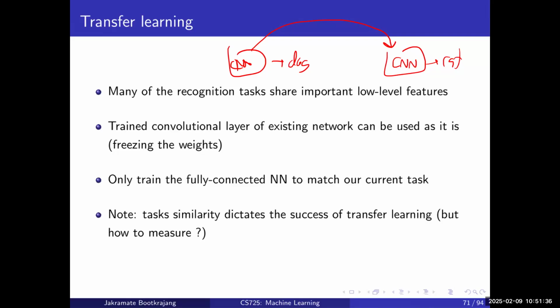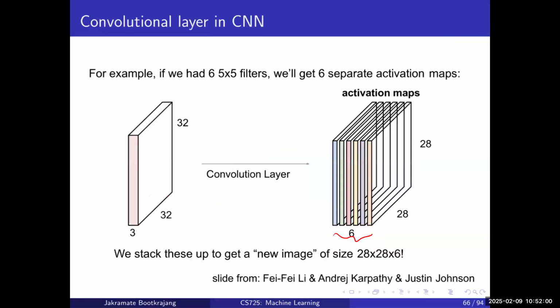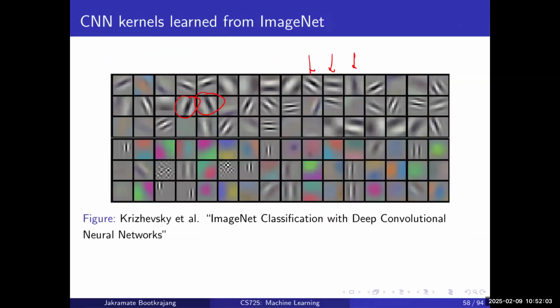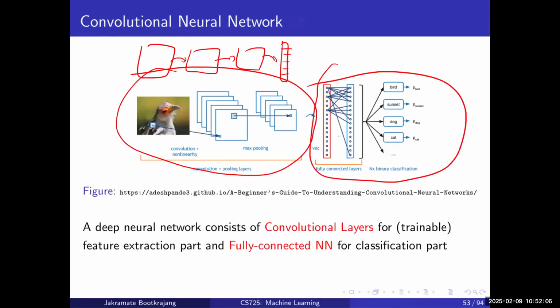But when we train for cat, we just copy the weights from the convolutional layer, fix all the weights in the convolutional layer, and only train the fully connected layer for cat. So basically, we use the same convolutional layer, but we only learn this part.